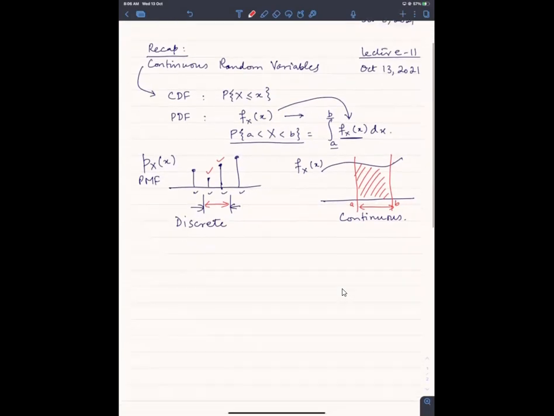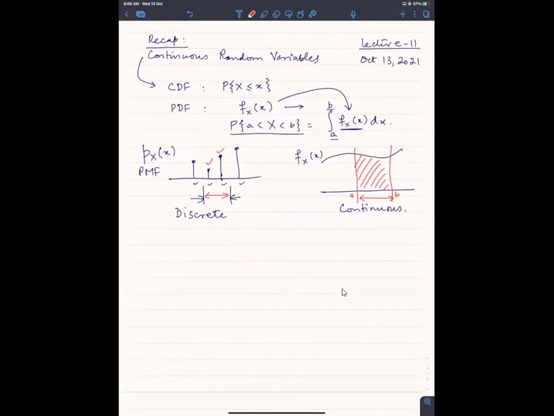And this leads us to this property that probability X is equal to A would really be, by considering this expression, this would be from A to A, the density function, which is always 0. What that means is that the probability that your random variable takes a specific value will always be 0 or very, very close to 0.